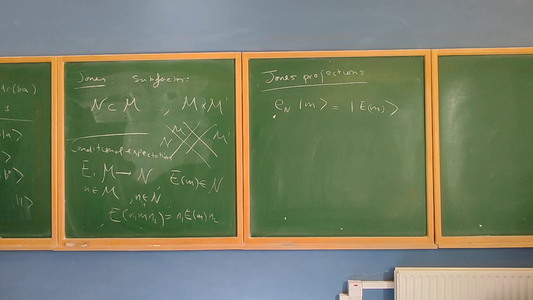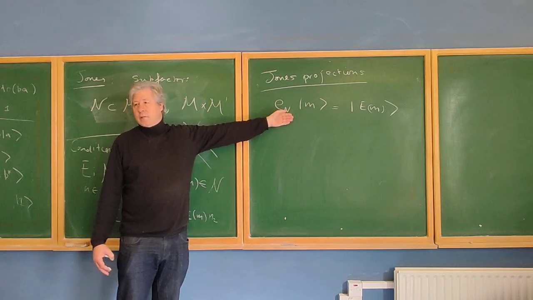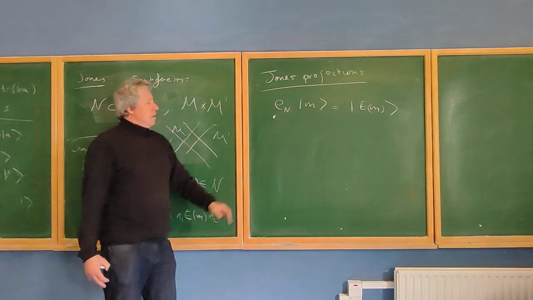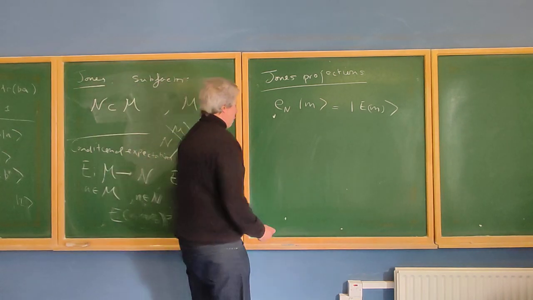So what Jones then did is say, let's think about this as indeed an operator also, and I can add it to my algebra. So the question is, if it's not a part of N, maybe you can show that.